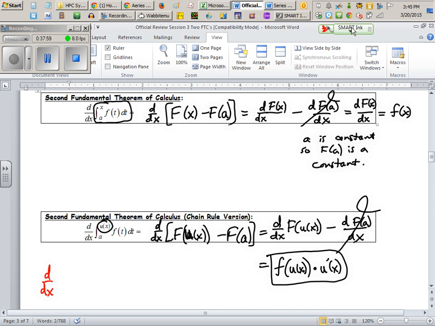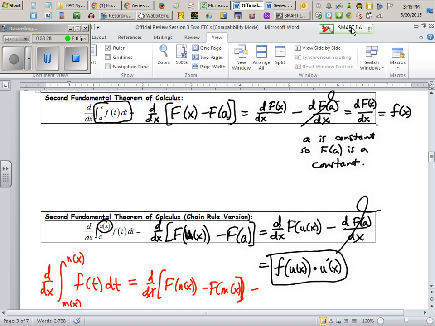Let's say you have d dx of, and then this down here is m of x, and this is n of x. This is sort of the most complicated they could possibly dream up. It doesn't get any harder than this one. But even this isn't that hard. Watch. It just becomes capital F of n of x minus capital F of m of x.